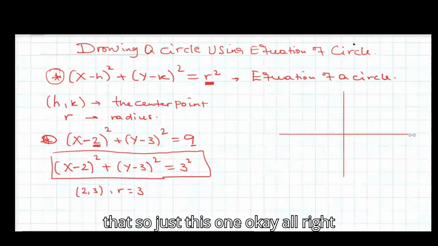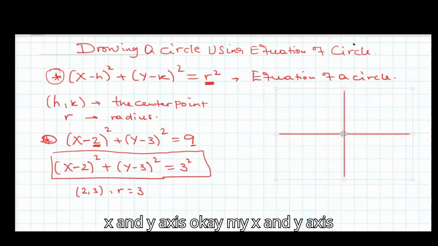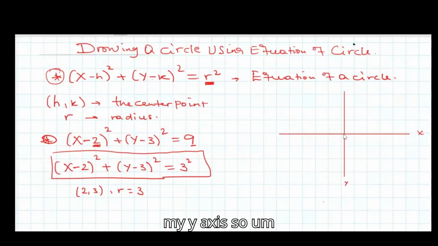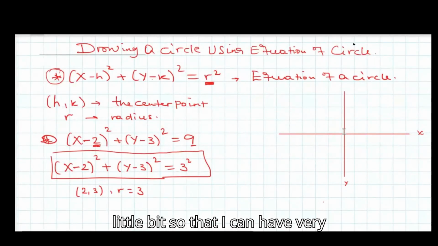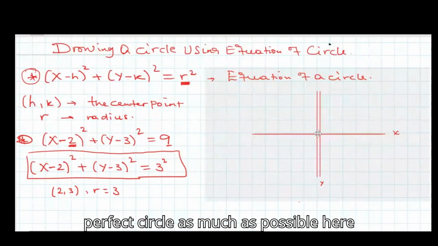So this is simply my x and y axis: this is my x axis and this is my y axis. Let me move this a little bit so that I can have as perfect a circle as possible.